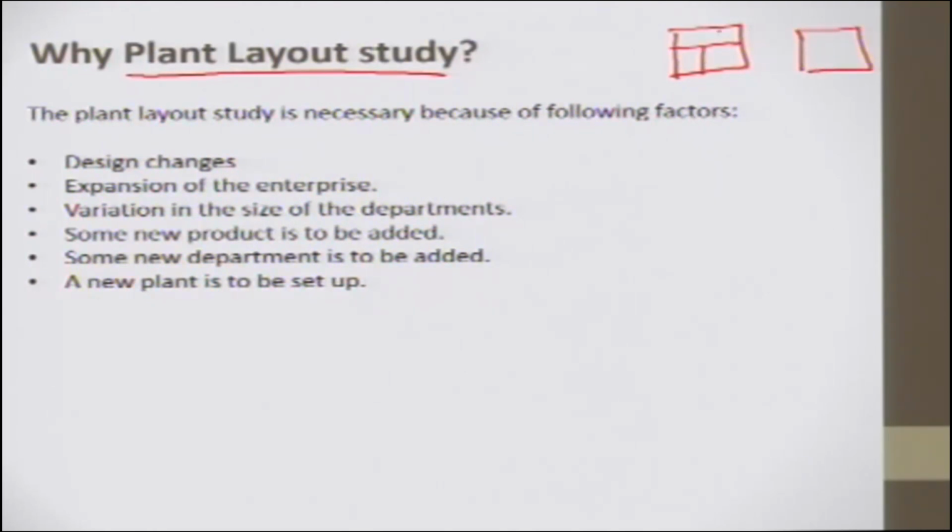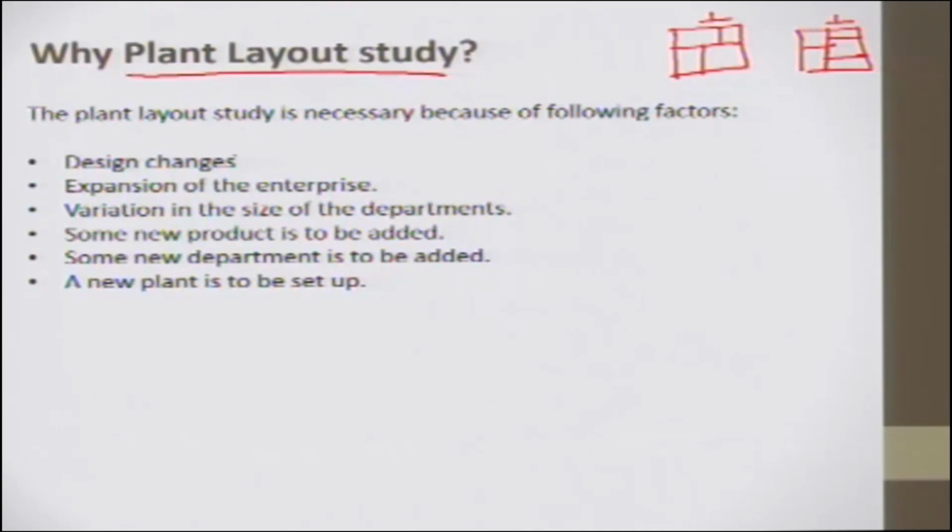For example, both of the plants are producing similar kind of product, but the layout might be different. And because of the nature of the process and management caliber, how well is management able to take the decision about the plant layout, is also a factor here. So the plant layout study is necessary because of following factors.